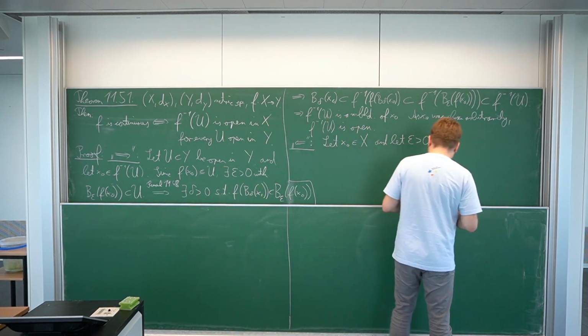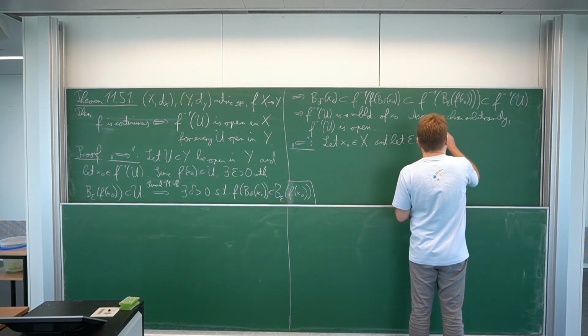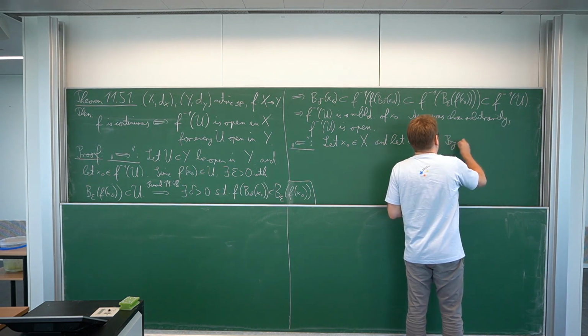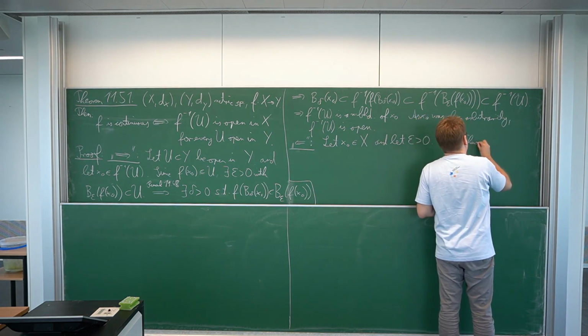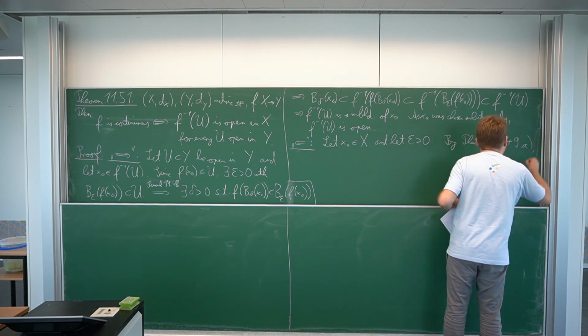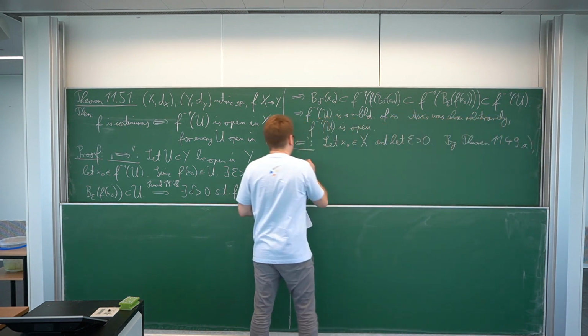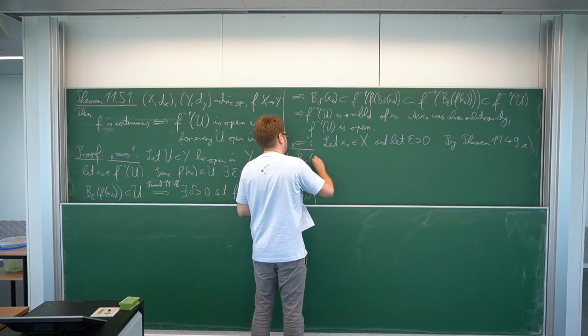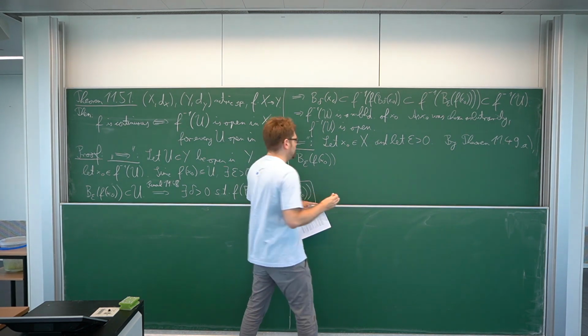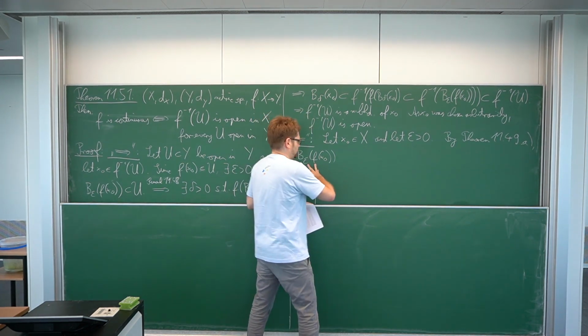Okay, so let's see, what do we know? So we first of all know that, here we need theorem 1149a. If we take the epsilon ball around f of x0, so now an epsilon ball in Y, we have seen that this is open.